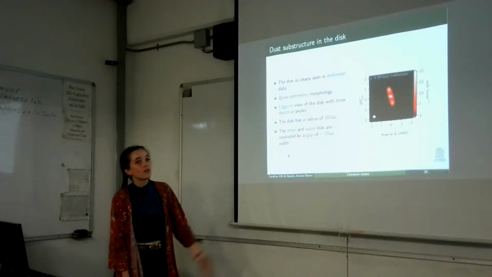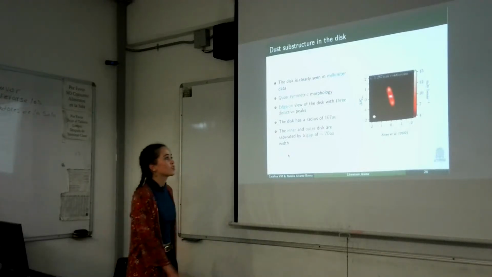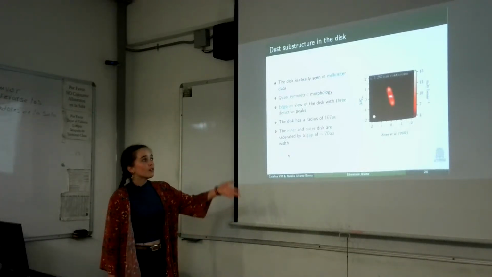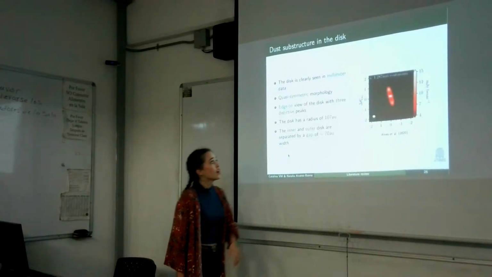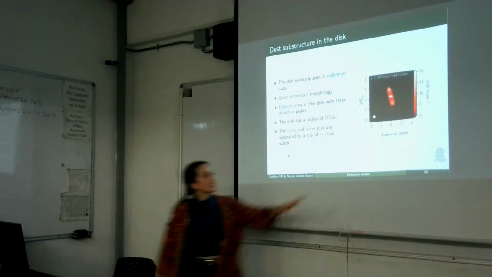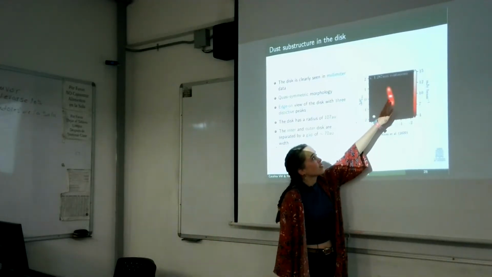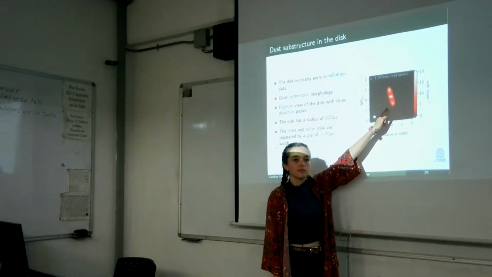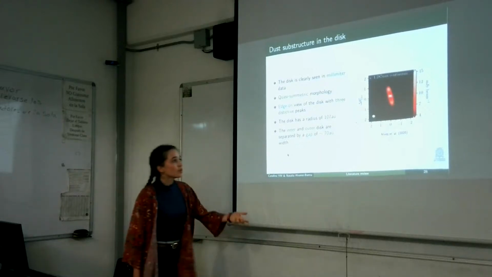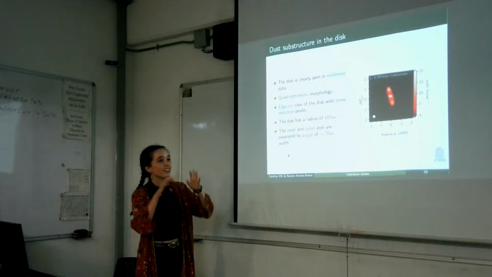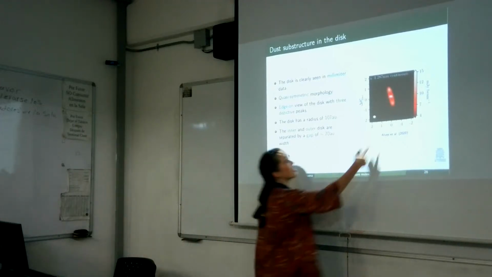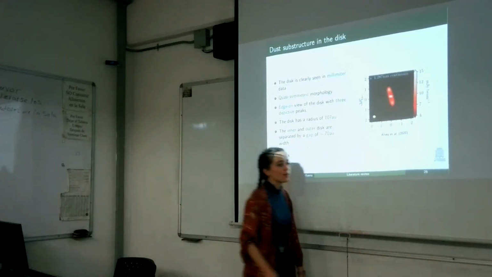Okay, for the results. First of all, we can see the substructure of the disk. For the substructure, we can see three little bumps in the picture. Those bumps are the disk, and here we can see a little gap.